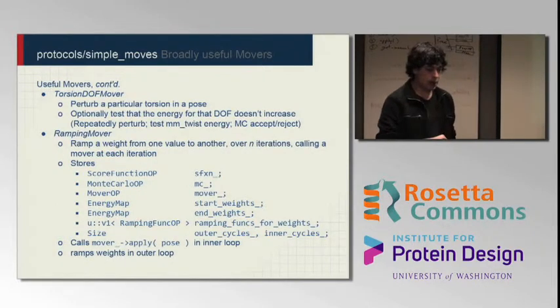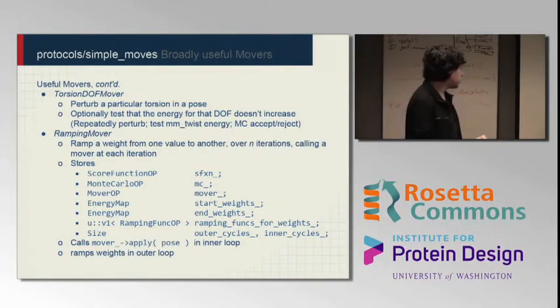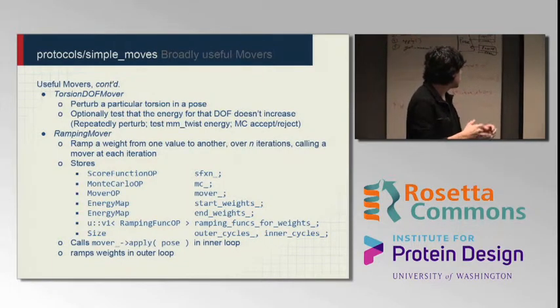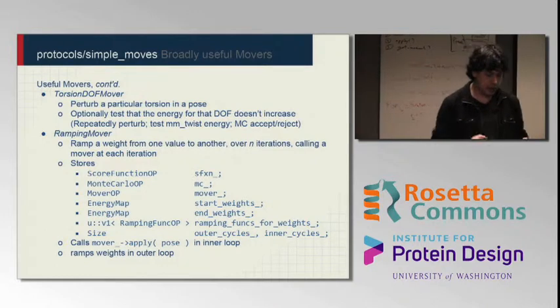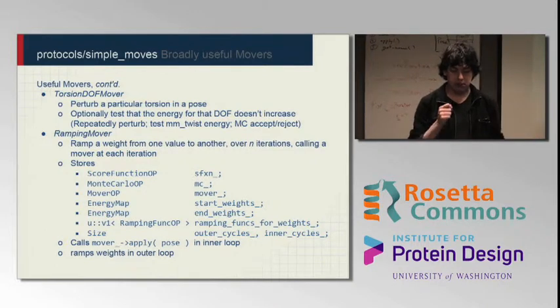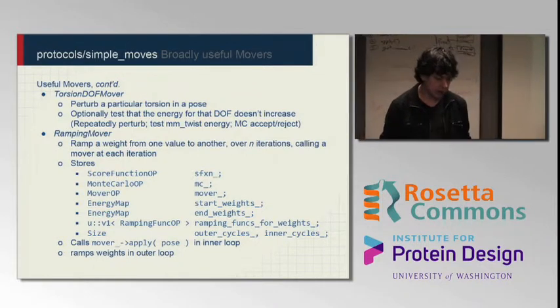You have the torsion degrees of freedom. It allows you to perturb the torsions of a pose and do repetitions of the perturbation and use a complex Monte Carlo to decide if you accept or reject the changes that you're doing in the pose.